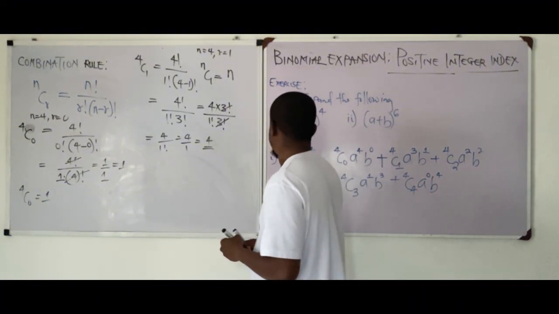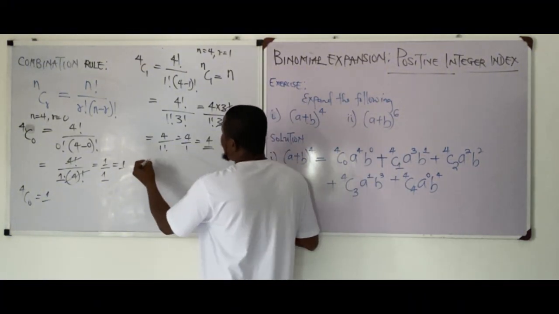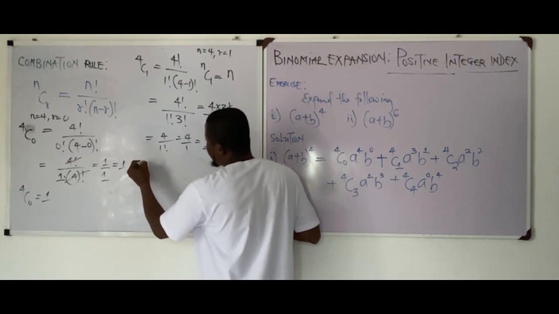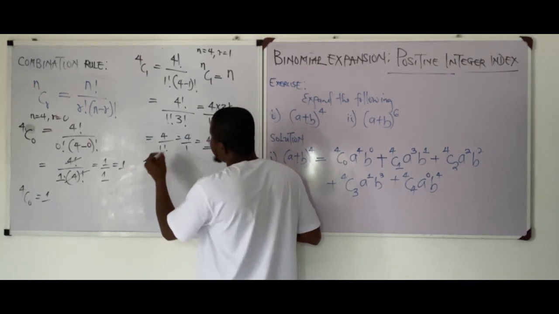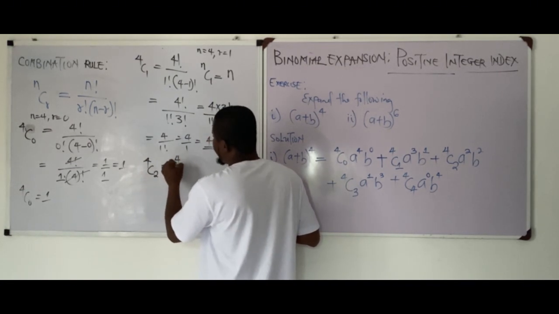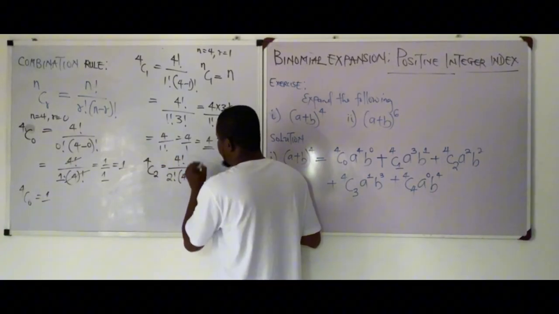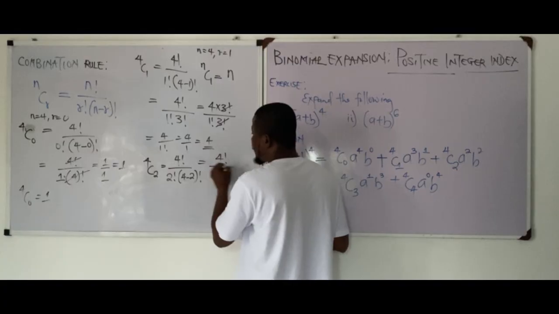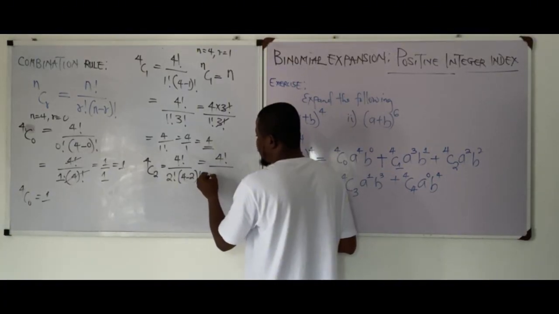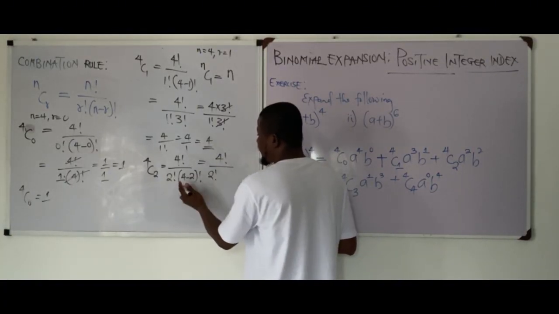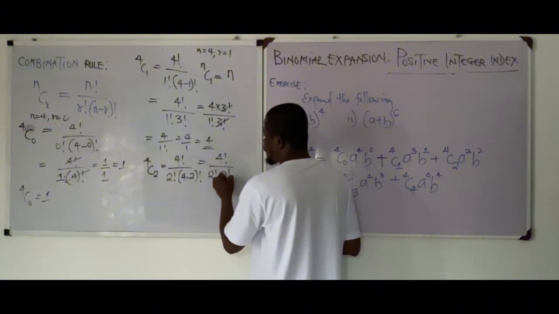Okay, believing you've tried it out, let's follow and see if what you did is exactly what I have here. The next one is 4 combination 2. I have 4 factorial over 2 factorial times 4 minus 2 factorial. 4 minus 2 is 2, so this is also 2 factorial.